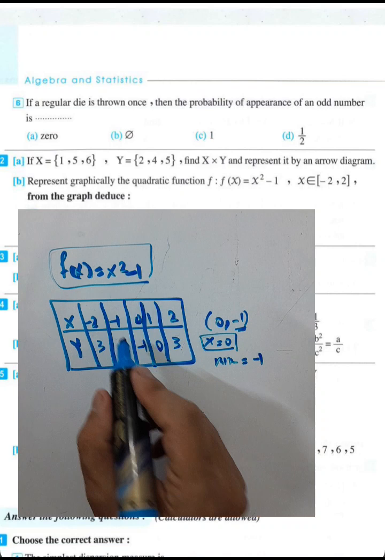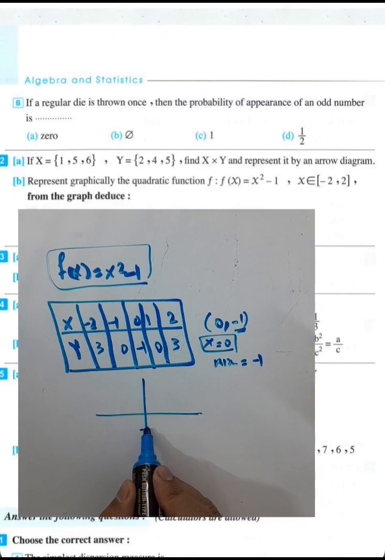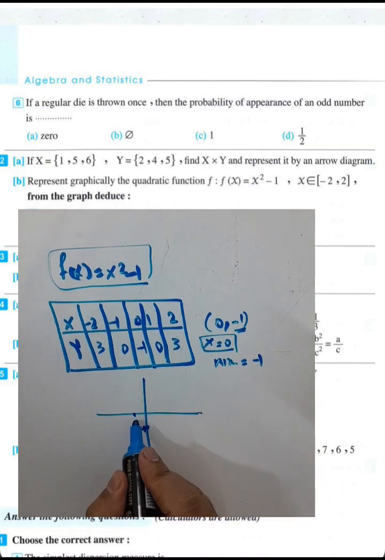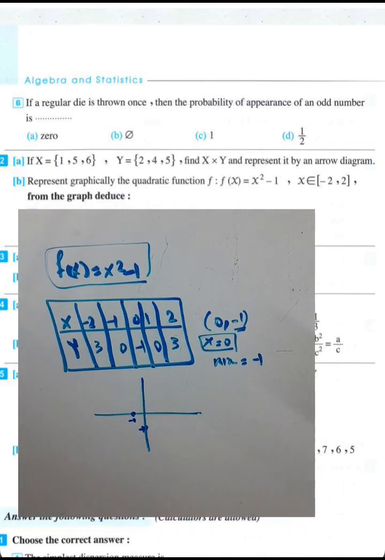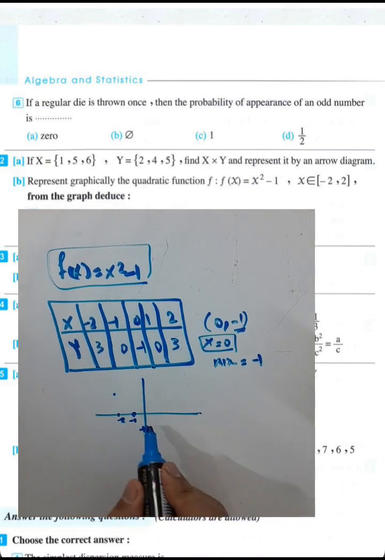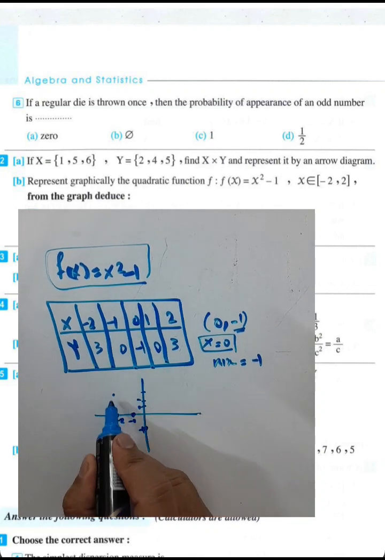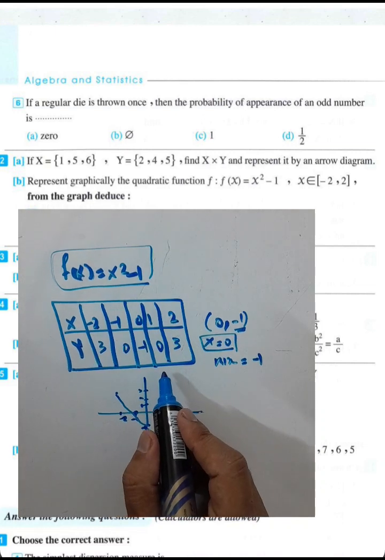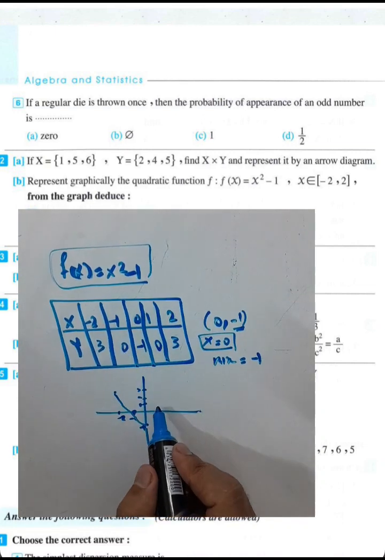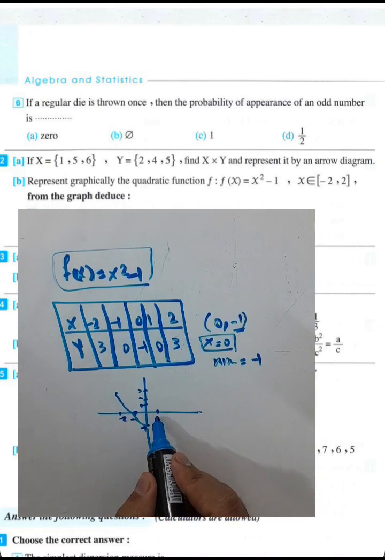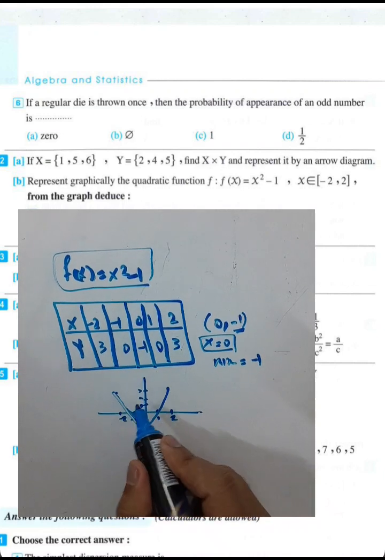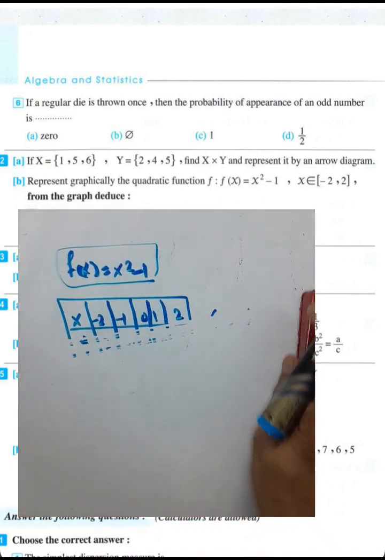You can draw from 0 to -1 here, the vertex, and -1 with 0, and -2 with 3, then 1, 2, 3, and then you can draw this curve. Again negative 1 and 0, 1 and 0, 2 is 3, and then draw the curve.